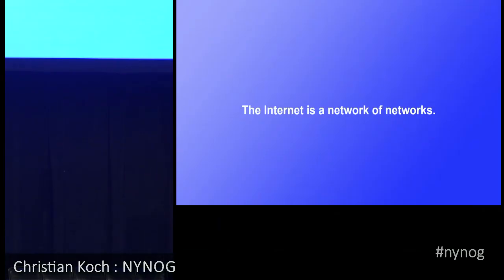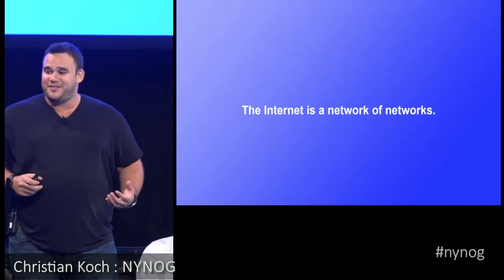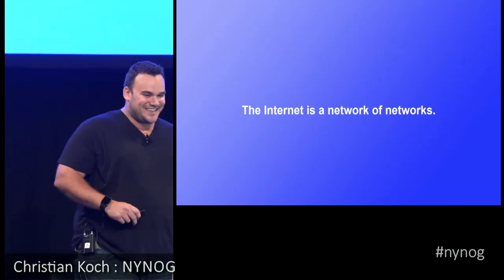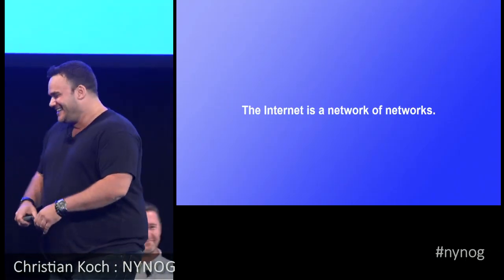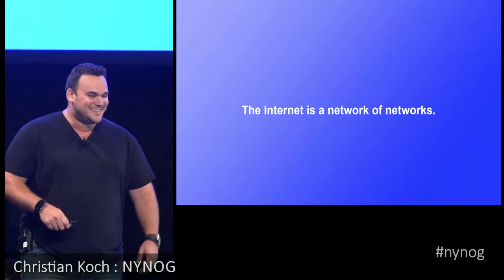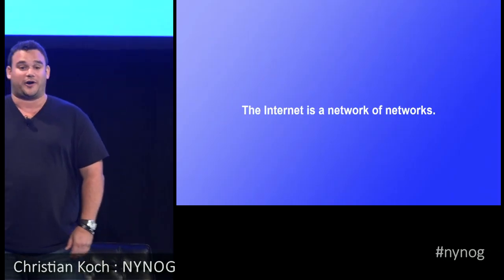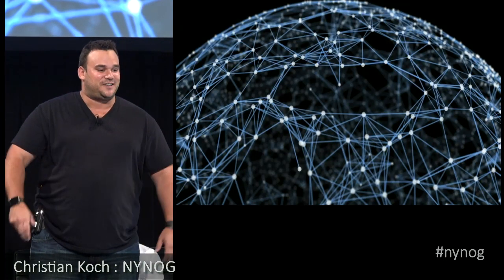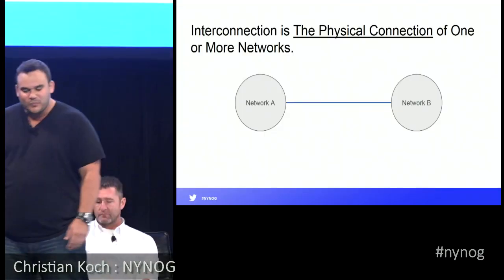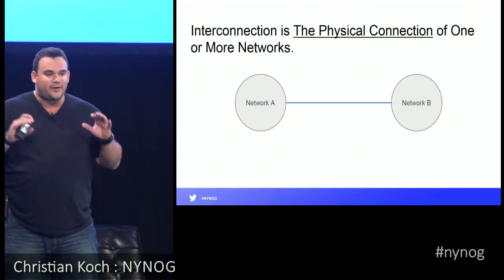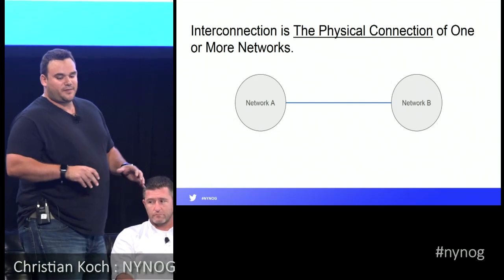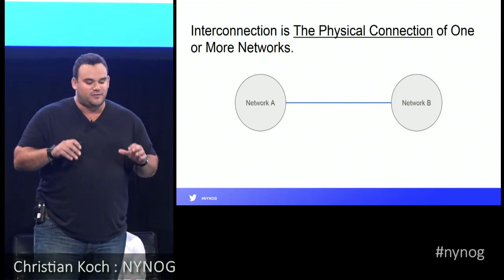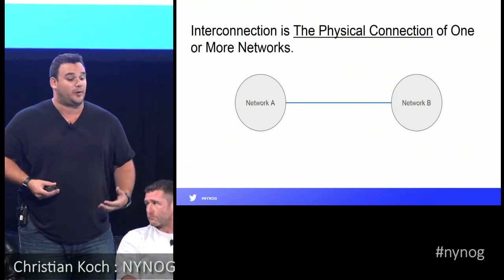All right, so everybody knows what the internet is, right? The internet is a network of networks. So picture the world with just a bunch of lines and dots that connect each other. When we talk about interconnection, specifically, that's the physical connection of one or more networks, and that's how the internet is formed.